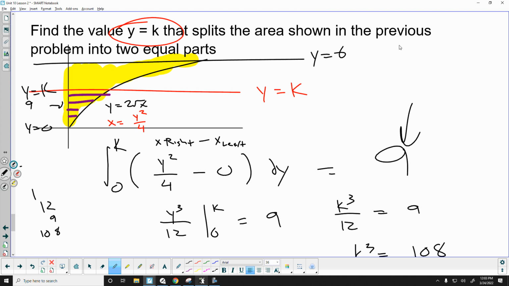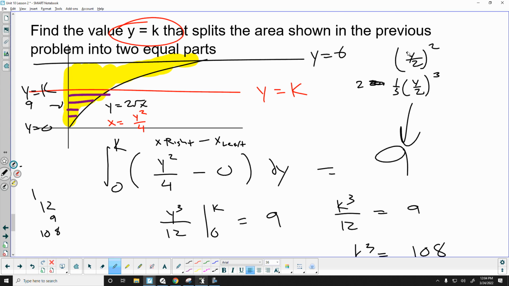If you use y over 2 squared, which I saw other people do, your antiderivative would be y cubed times a third, but then times a 2.